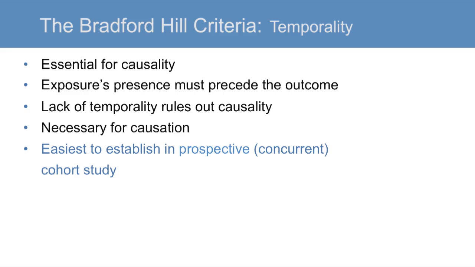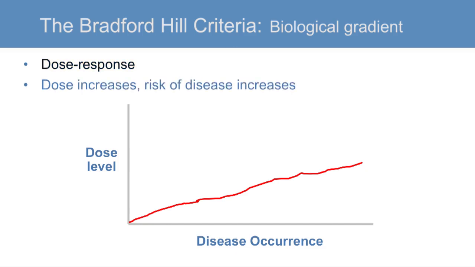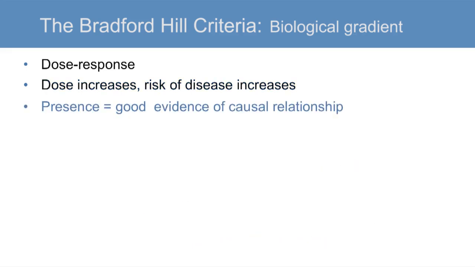The next Bradford Hill criterion, the biological gradient criterion, relies on dose response, suggesting that as the dose of the exposure increases, the risk of disease increases. The presence of the dose-response relationship between an exposure and outcome provides good evidence for a causal relationship.